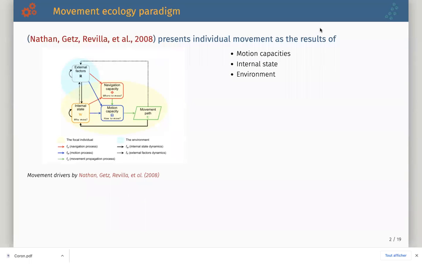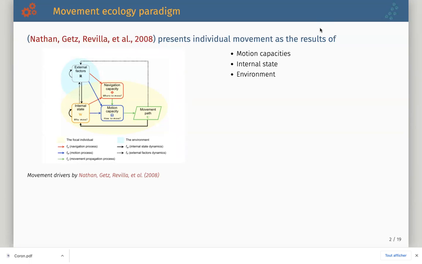In this paper, the authors described that the movement of an animal depends on several aspects: external environmental factors, which have an impact on its movement, but also internal states, and of course its motion capacity and its navigation capacity. All this combined gives as a result the movement of the animal.